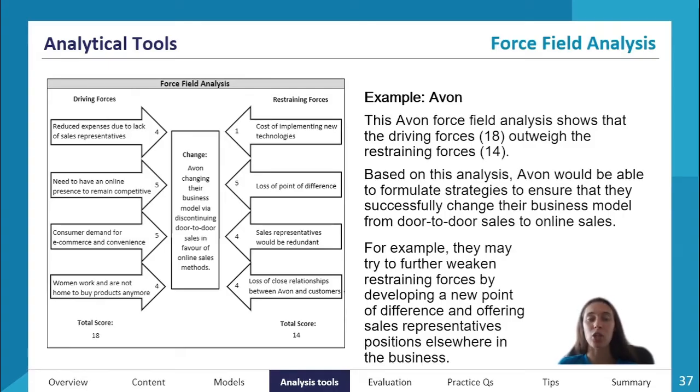So you've potentially got a corporate culture issue there, needing to let go of a whole lot of valued employees. And then loss of relationships between Avon and customers. A big strength of that strategy was that they did have that one-on-one rapport between sales representatives and the customers, and that would be lost by going to online sales methods.